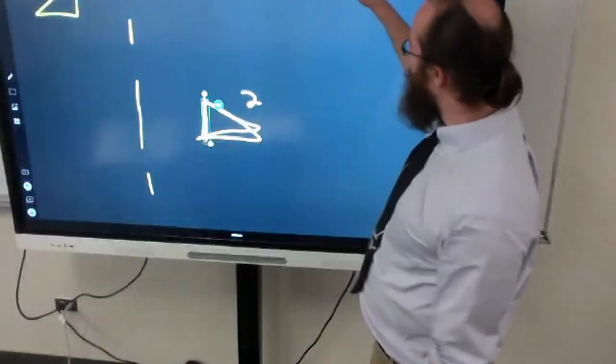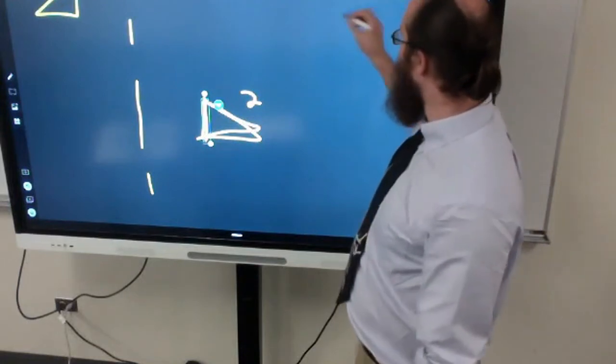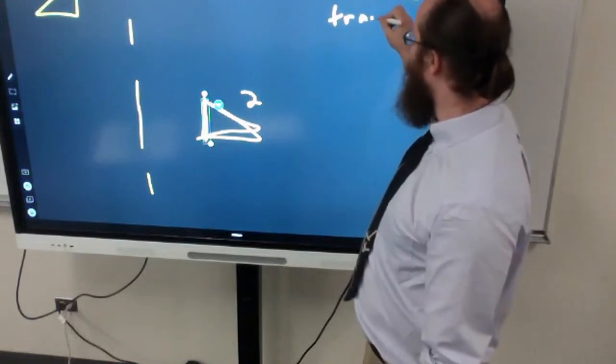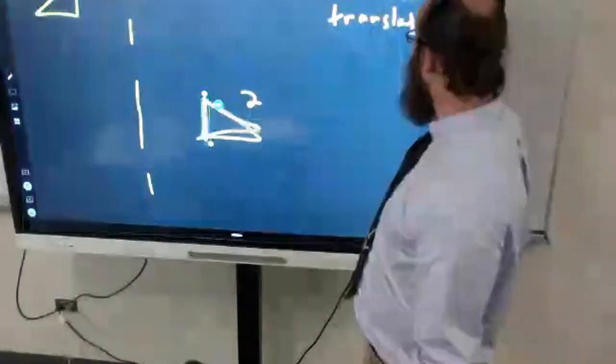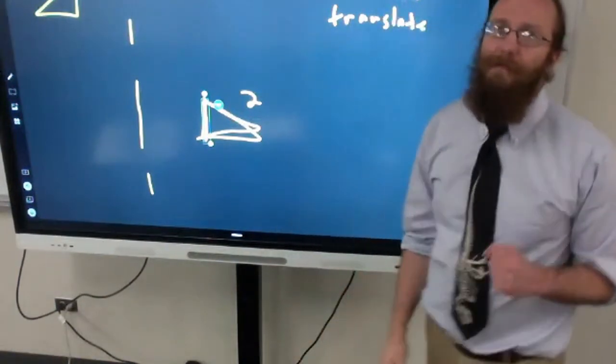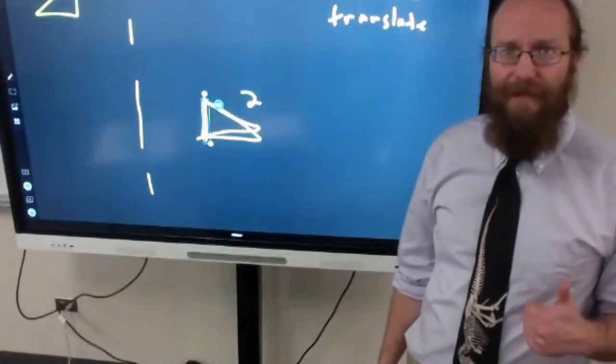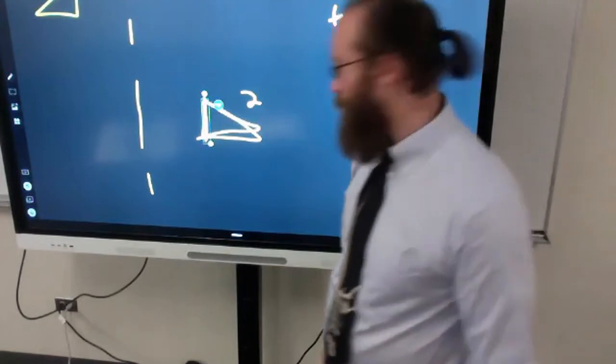So the first step was a reflection. The second step was a translation. And because the figures lined up evenly, because they matched, that means that those 2 shapes are congruent. Does that make sense? Sweet.